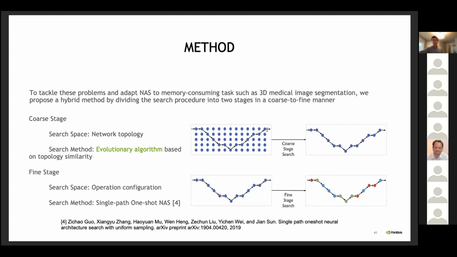Then in the coarse stage search, we try to define the global structure of the model. And in the fine stage, we use a single-path one-shot NAS to determine the operation, 2D or 3D convolution, at each node within this global structure.